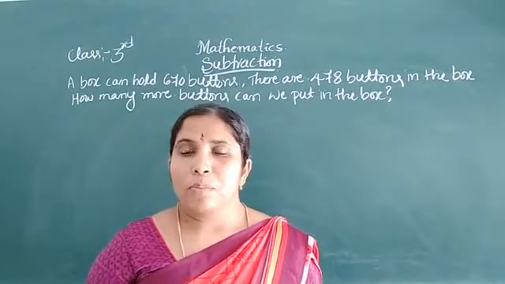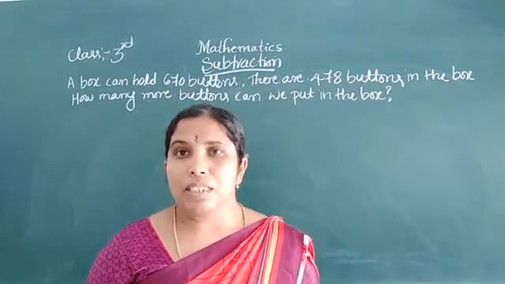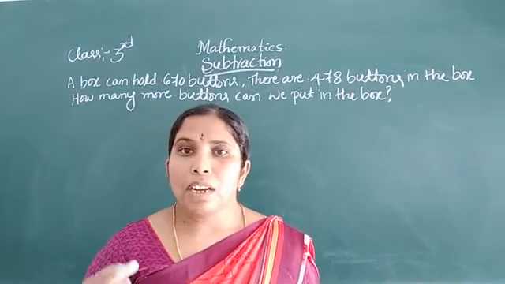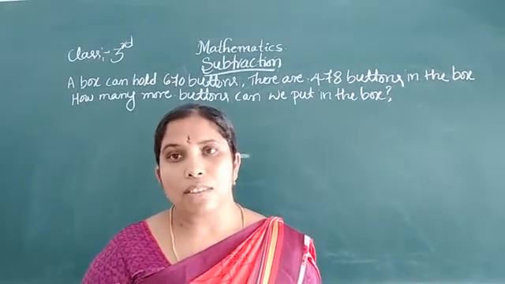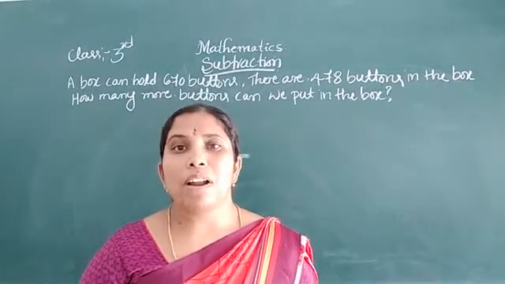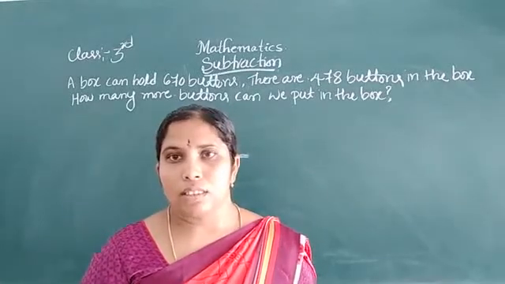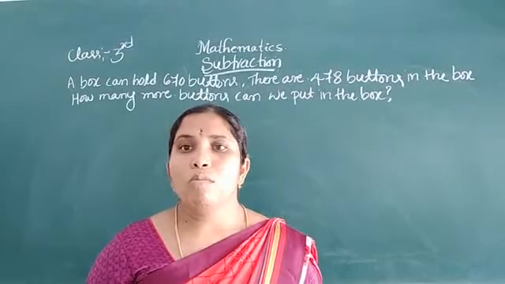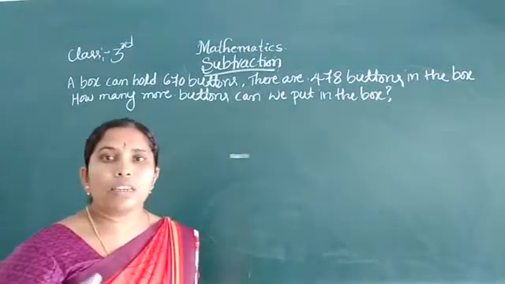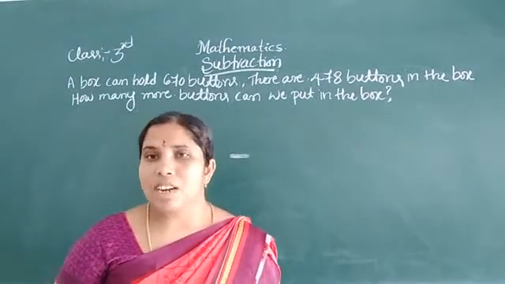So there are 478 buttons in the box, which means the number of buttons in the box is equal to 478. Then how many more buttons can we put in the box? That means here also we do subtraction.